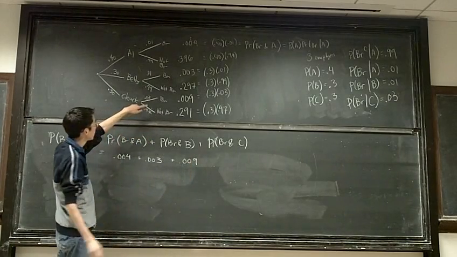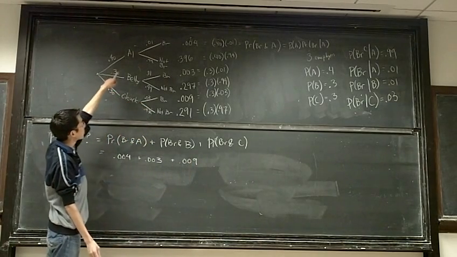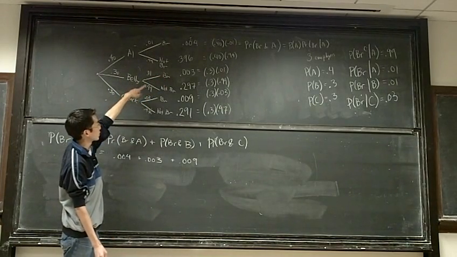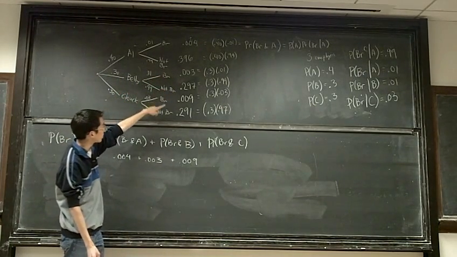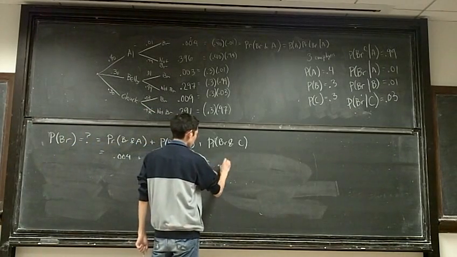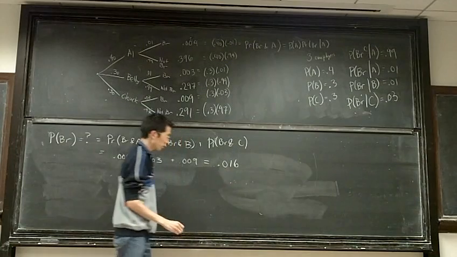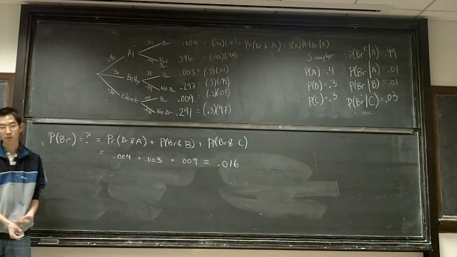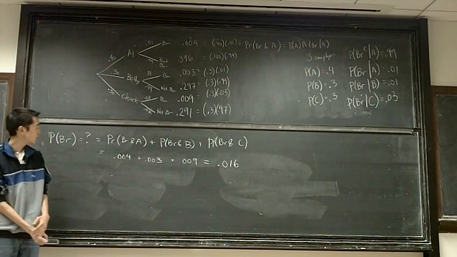So again, broken by Al, 0.004, broken and washed by Betty, 0.003, and broken and washed by Chuck, 0.009. This adds up to 0.016. So 1.6% of the dishes are broken. About 16 out of 1,000 are broken.